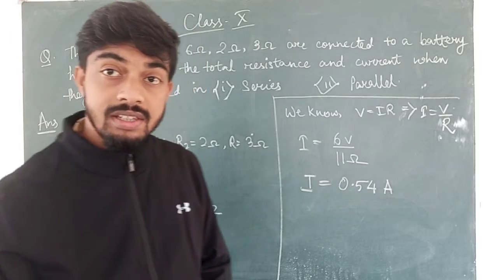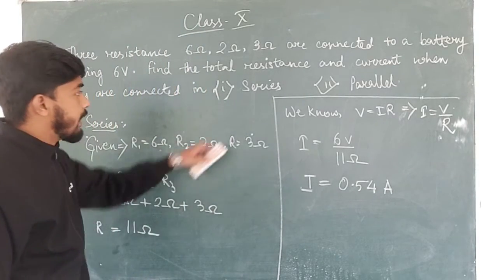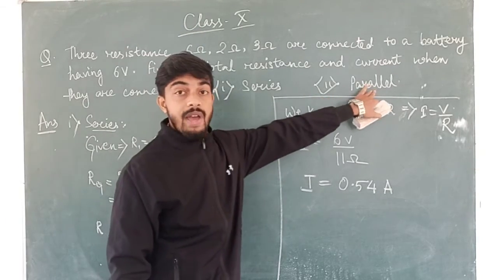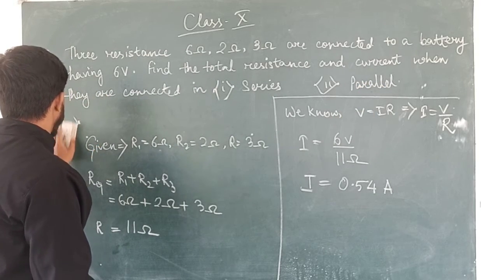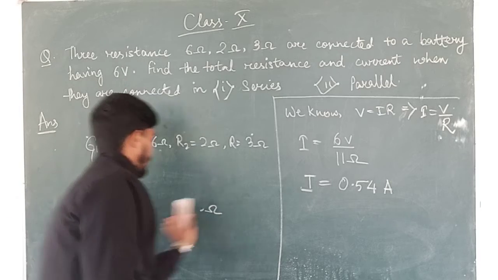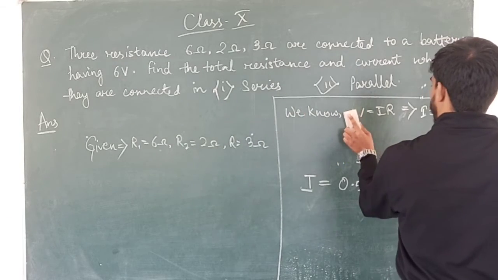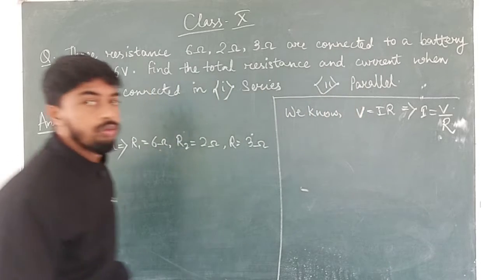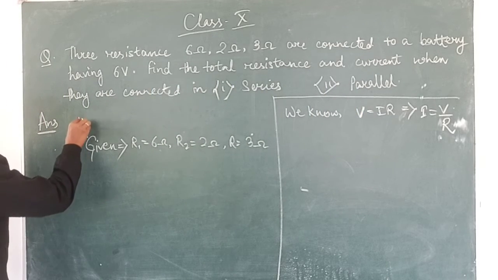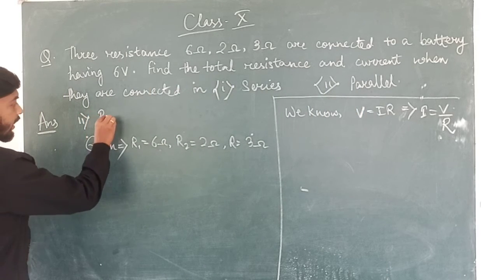Now we will analyze the second part of the question, that is the parallel part. So I am just changing here. So we will see the second part, that is parallel.